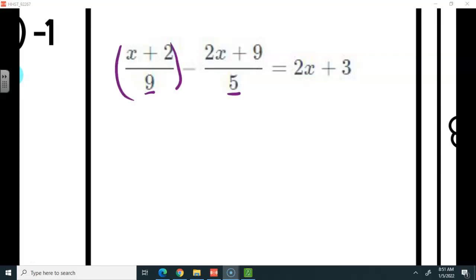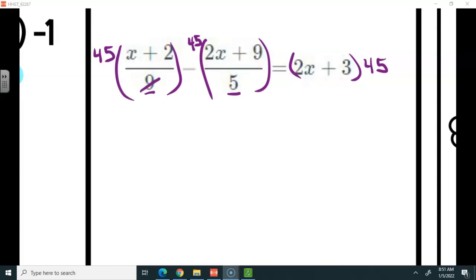So we're going to multiply each part by 45. Now, even though this one does not have a denominator, you have to multiply by 45 there also. So you're going to multiply every part, because the basic rule for solving equations is whatever you do to one side of the equation, you have to do to the other. So that's the reason we have to do each part.